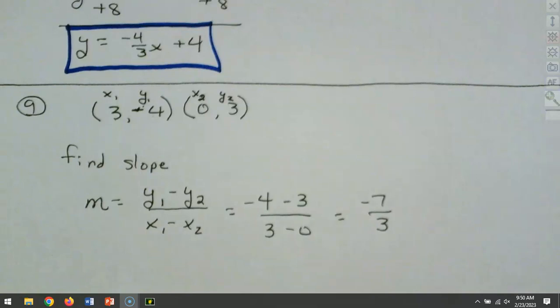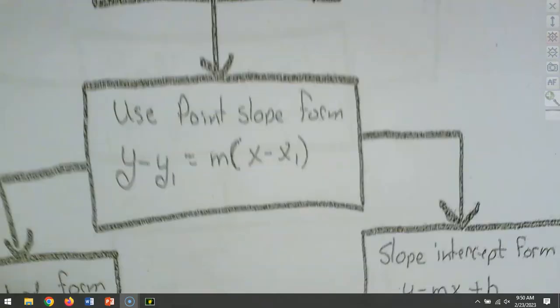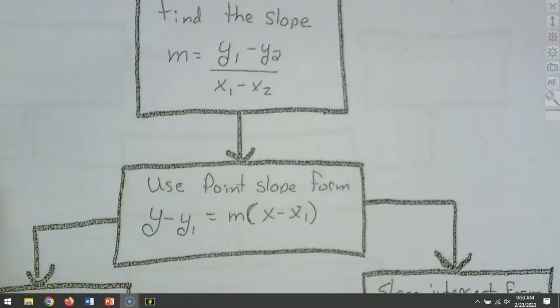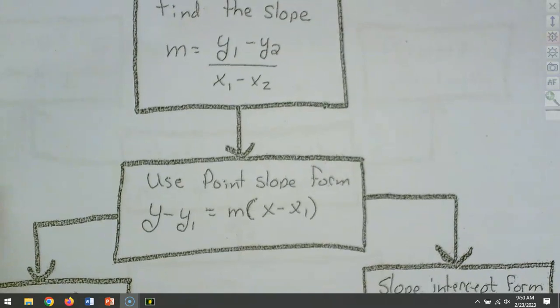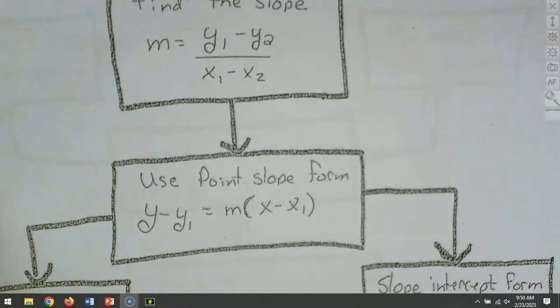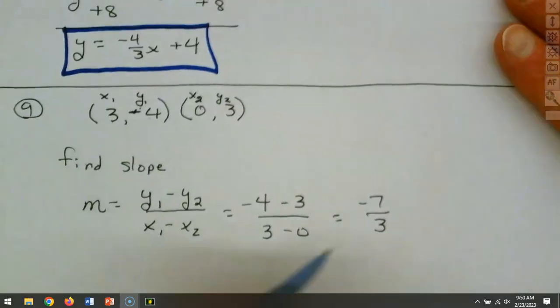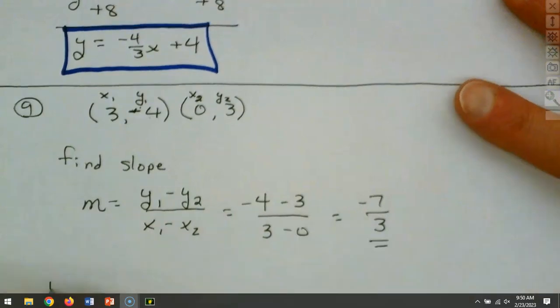Okay, so follow it just like a recipe. We found the slope. Now what? Now once we found the slope, okay, then we go where? Point slope formula. And this is what we're going to be using for our slope. So now we're going to use point slope form here.